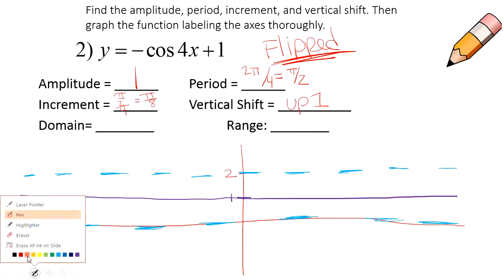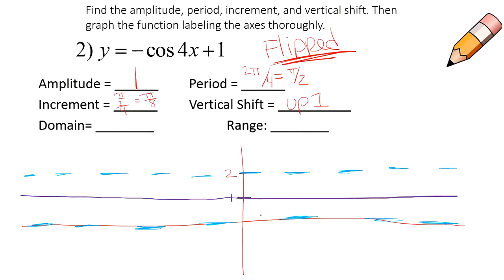And then let's go ahead and do our increments, which is pi over 8, 2 pi over 8, 3 pi over 8, and 4 pi over 8. Then it looks like I've got negative pi over 8, negative 2 pi over 8, negative 3 pi over 8, and finally negative 4 pi over 8.